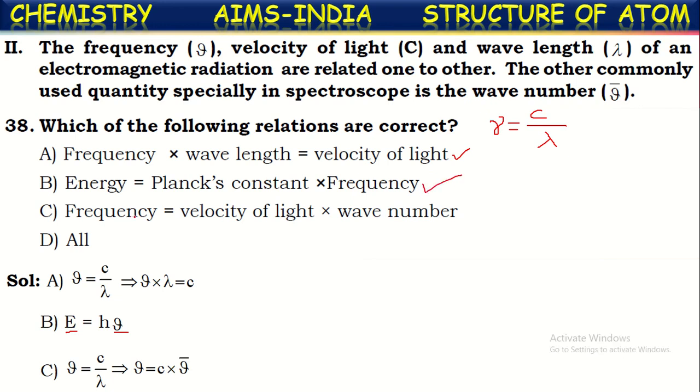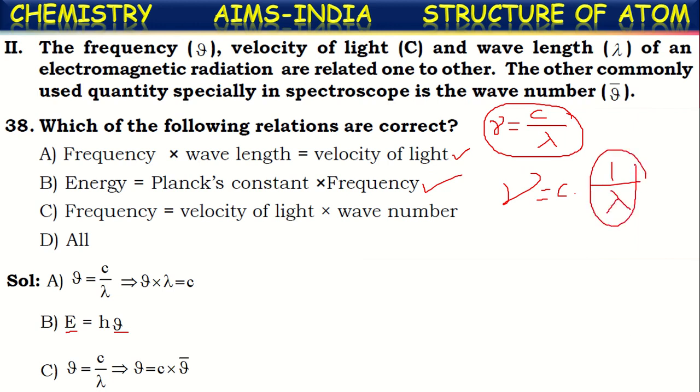Next, frequency is equal to velocity of light into wave number. Already we have seen this relation here. Frequency is equal to c by lambda. We can write this as c into 1 by lambda. 1 by lambda represents wave number, because wave number is the reciprocal of wavelength.